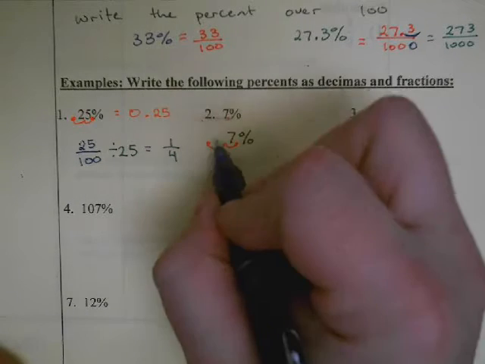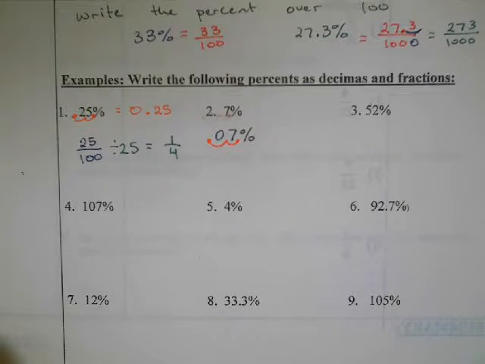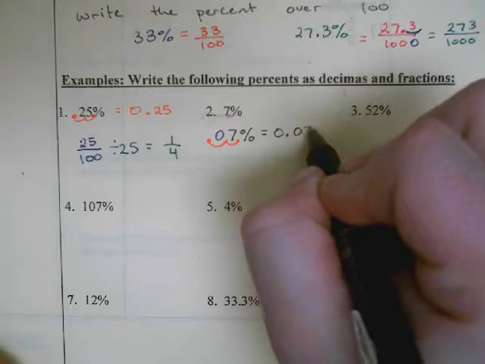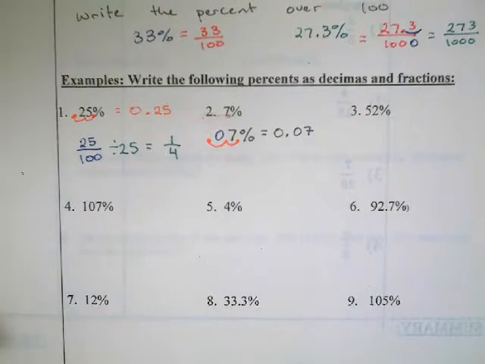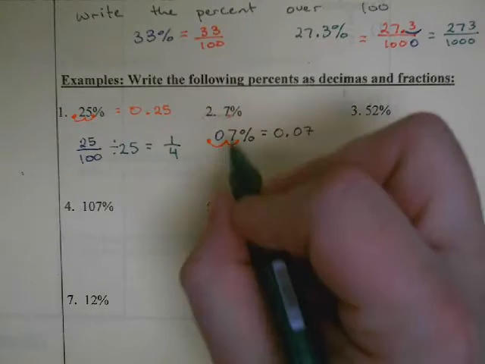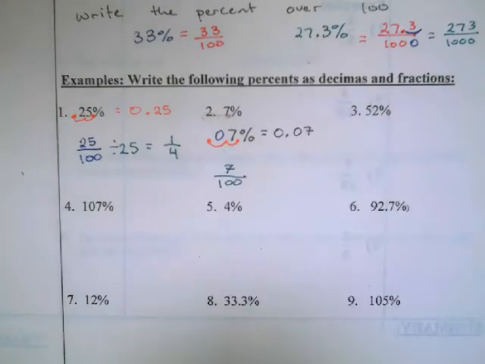Well, we'll write a 0. So now what I found is that my decimal is really equal to 0.07. So when we move that over to the left 2 times, we have to fill in that blank space with a 0. And then if we want to write it as a fraction, we'd simply write 7 over 100. 7 parts per 100.